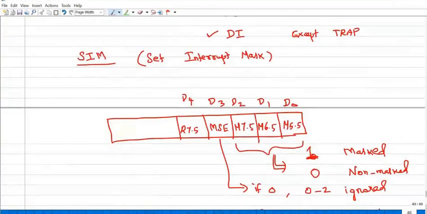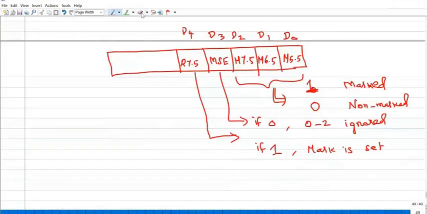So how to proceed with that? The D4 position is R7.5. That is, this particular position is used for resetting RST 7.5 alone.